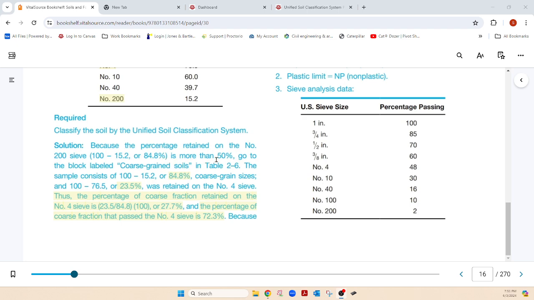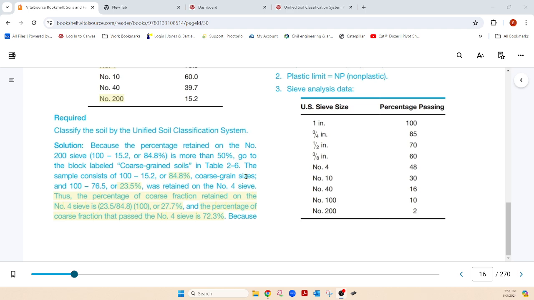It says more than 50%, we went to the coarse grain soils. So in table 2.6, we're not using that table. It's just not enough there, and we'd have to wait on pages loading and unloading. The sample consists of 100 minus 15.2 or 84% coarse grain sizes.